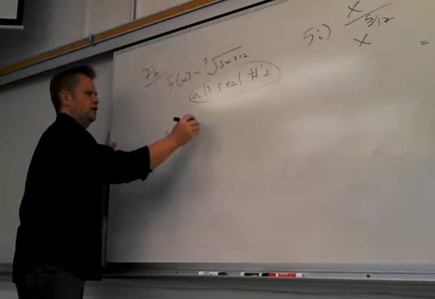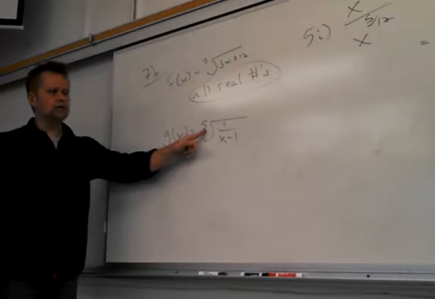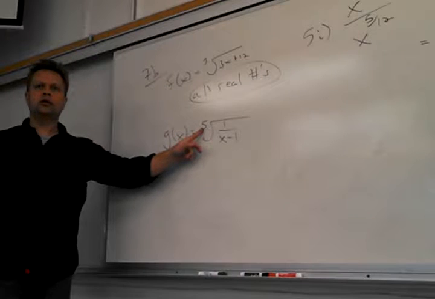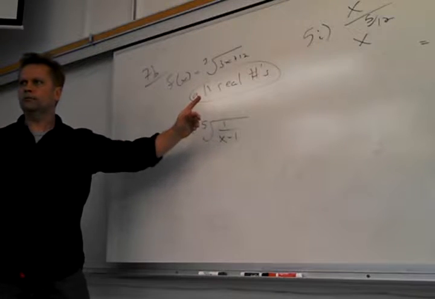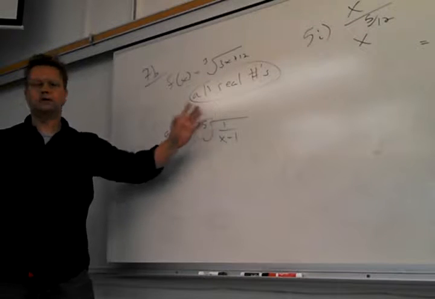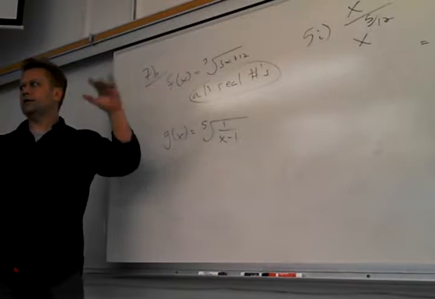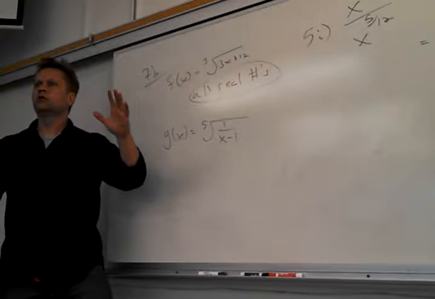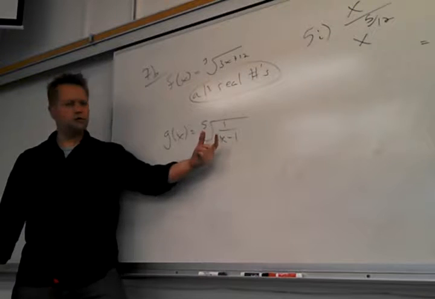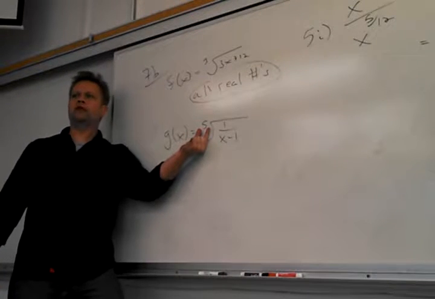If I gave you that problem, you don't say it's an odd root, so the domain is all real numbers. The odd root doesn't have a problem, but what has a problem? Why is there a problem somewhere? What part of that has a restriction? What can't happen? Beautiful. So x can't be 1.